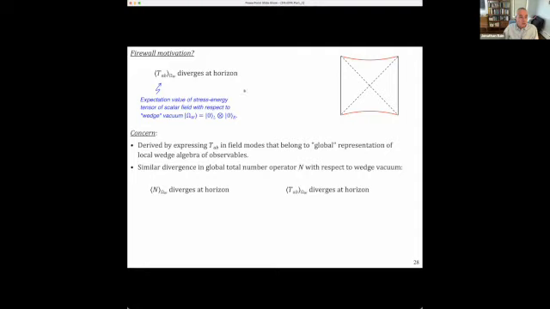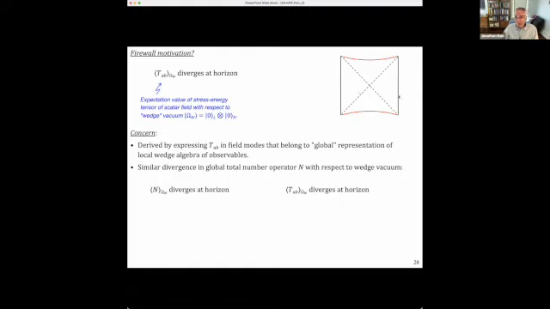But you might be concerned with this way of motivating the firewall hypothesis insofar as it faces this kind of technical issue of unitarily inequivalent representations. It turns out the divergence is derived by expressing the stress energy tensor in field modes that belong to the global representation of the canonical commutations of your field.